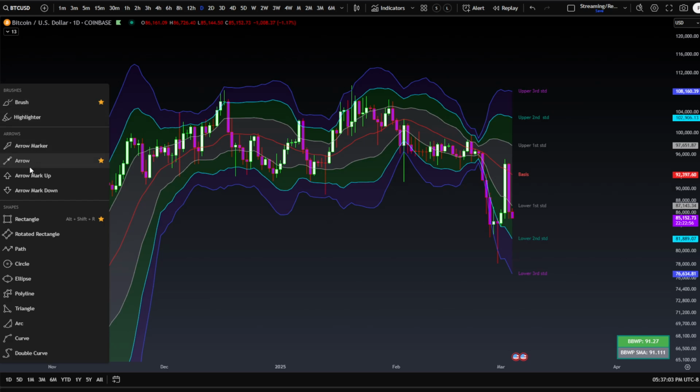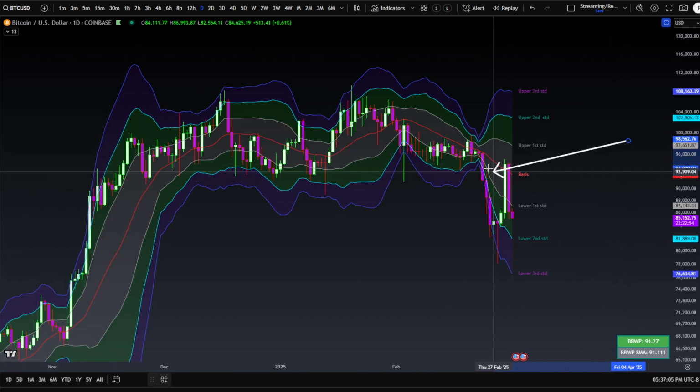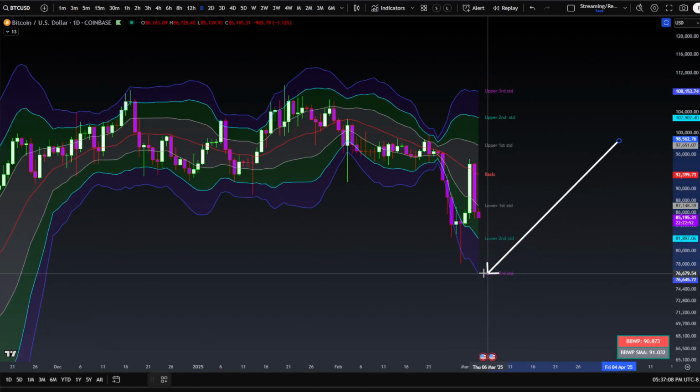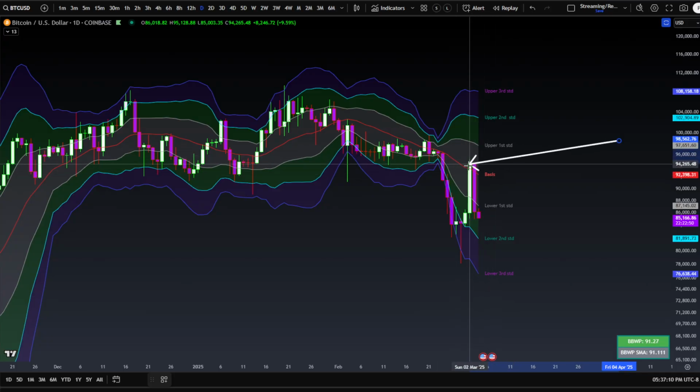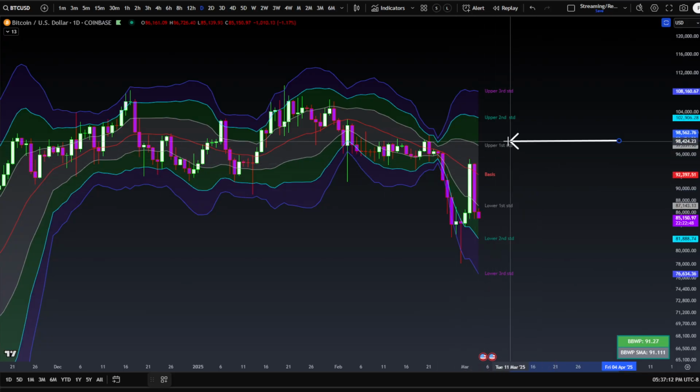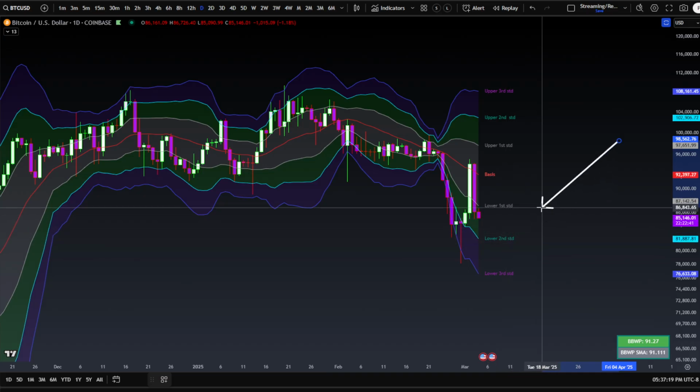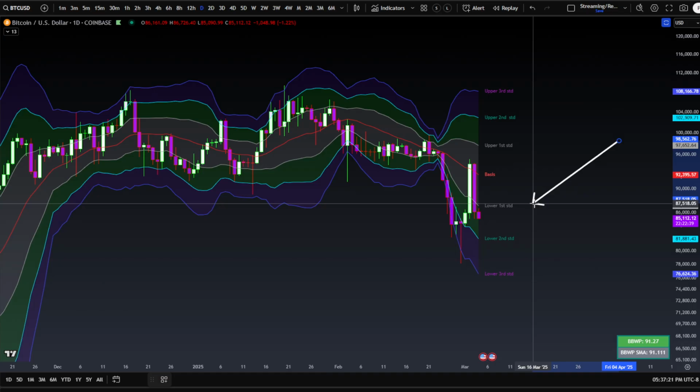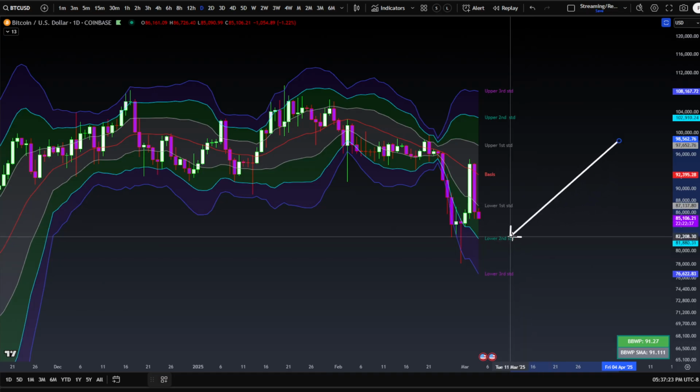I will tell you, I'm a big fan of expansion through the bands on the daily, and then a failure around the mid to upper first, so basis to the upper first, and then a retest of the lower second wherever that ends up. Currently, it's at that 82 now, or just below 82.